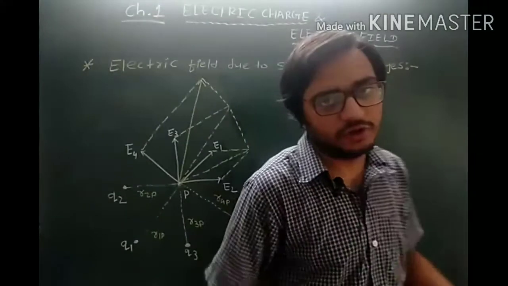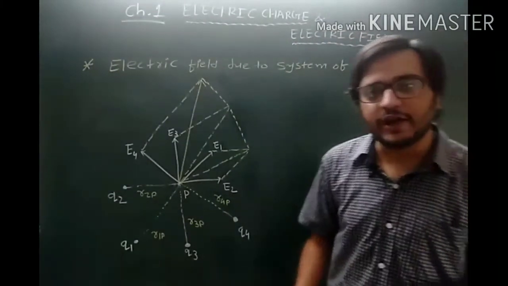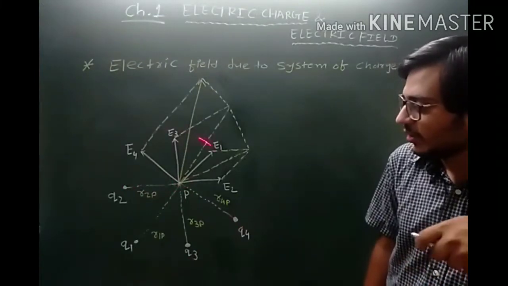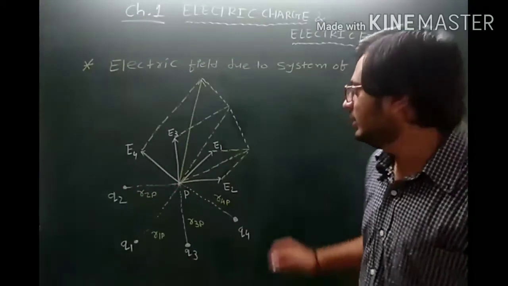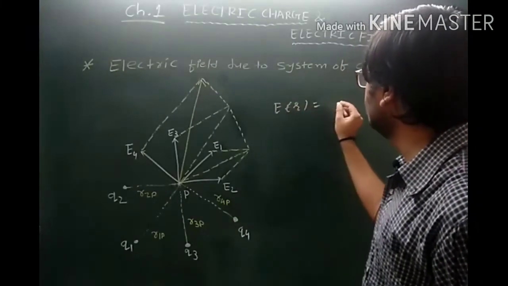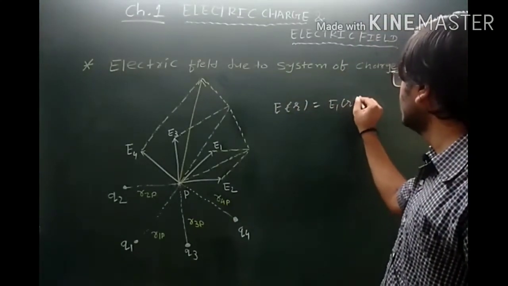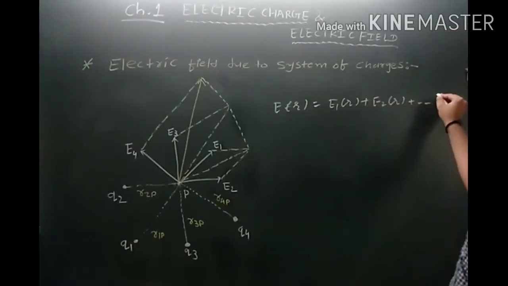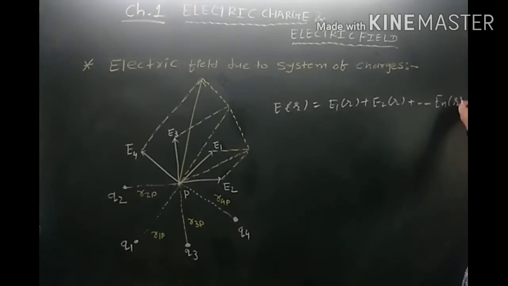Now using the superposition principle we can derive the total electric field at the point P due to the system of individual charges, given by E(R) is equal to E1(R) plus E2(R) up to En(R).